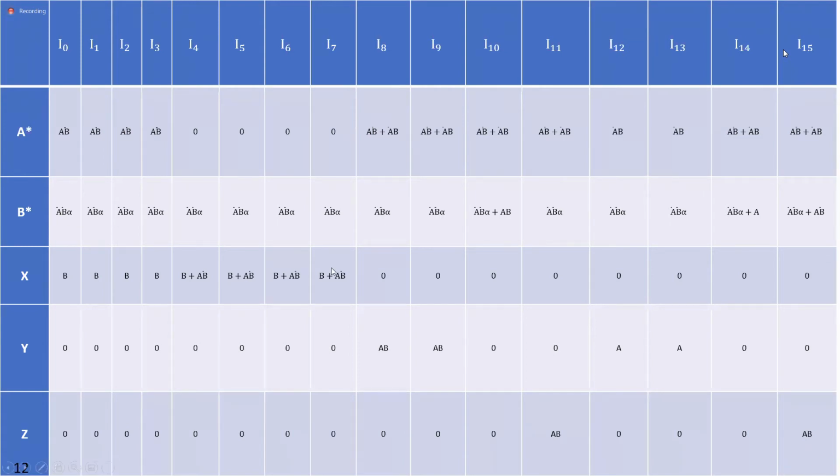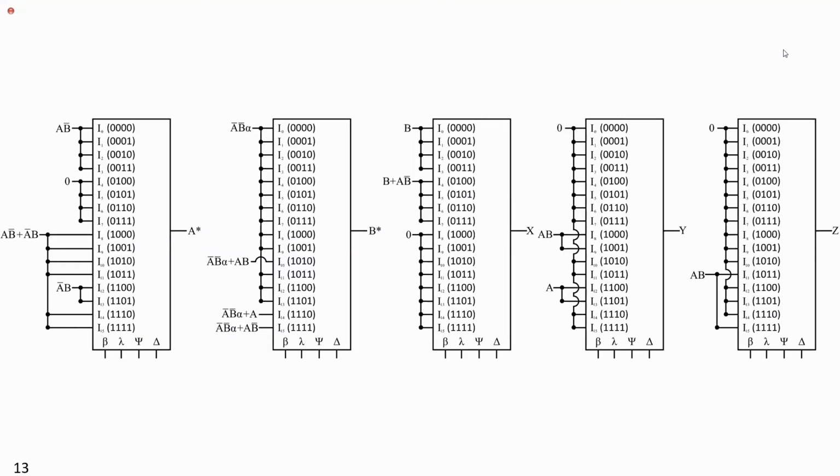This is what would be fed into those lines. Next, this is what the 16-to-1 multiplexers look like if you were to implement them.